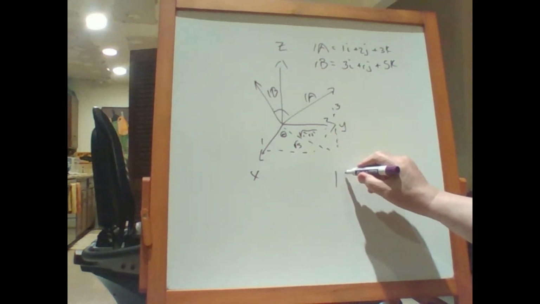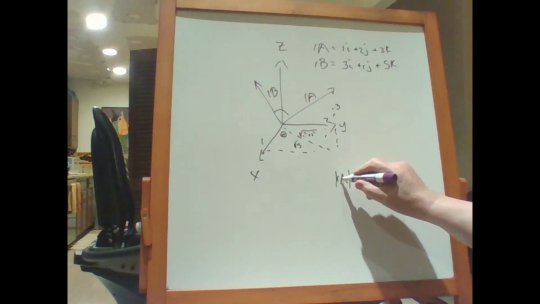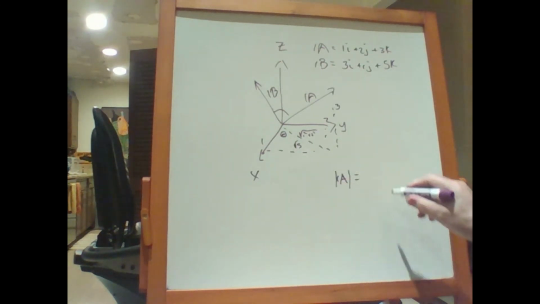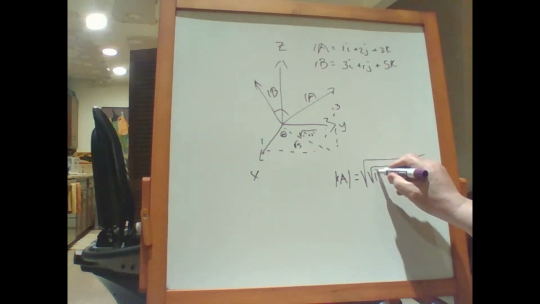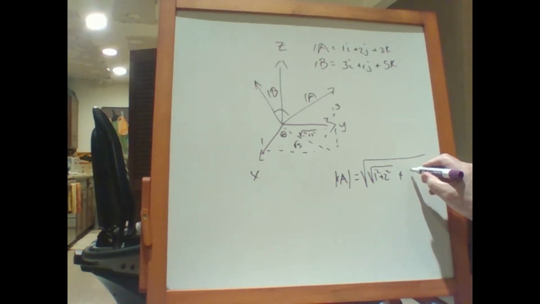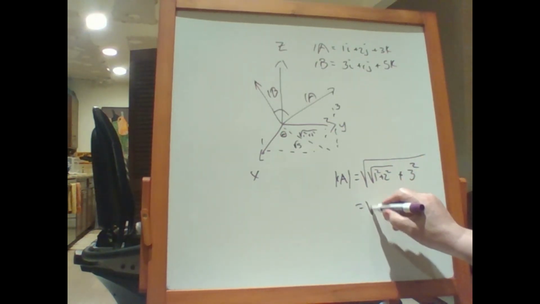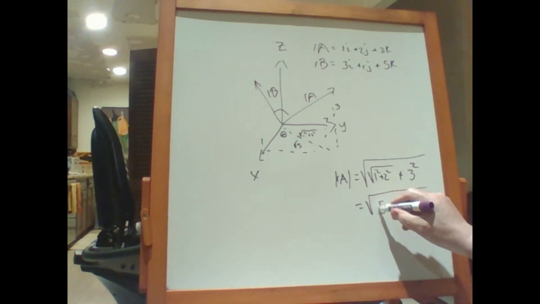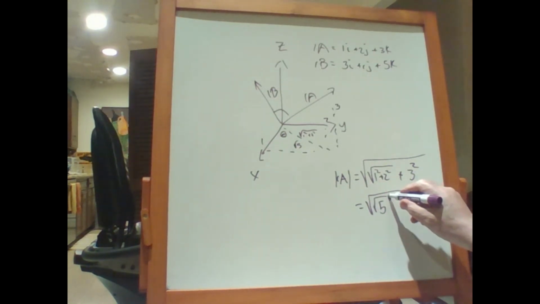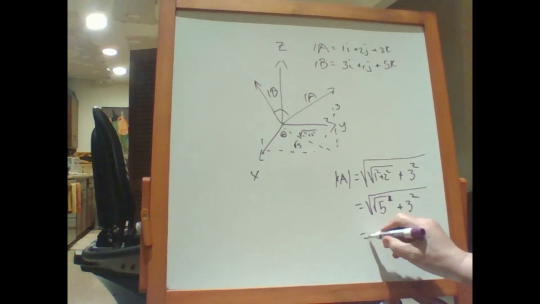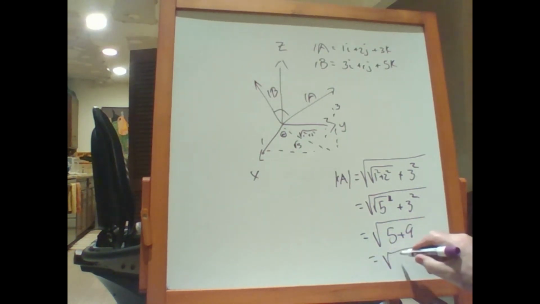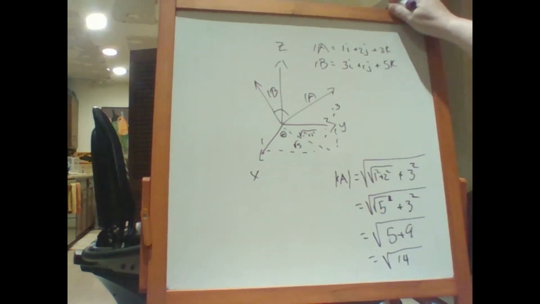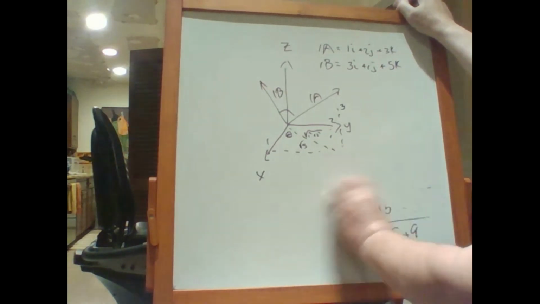So the magnitude of A is equal to the square root of 1 squared plus 2 squared plus 3 squared. And this is equal to the square root of 5 plus 9, which is 14. Square root of 14. So that's the magnitude of A. And you could do the same thing for the magnitude of B.